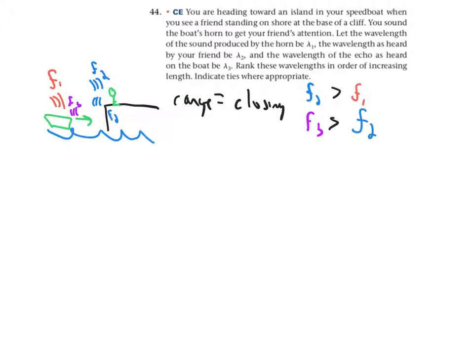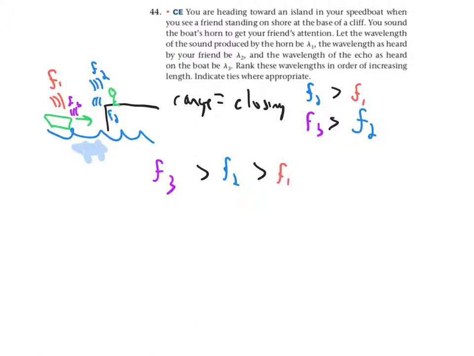Because again, even in this case, the range is closing, right? It's getting closer. So that means a higher frequency by Doppler shift. So we can put those together and say that F3 is greater than F2, which is greater than F1.